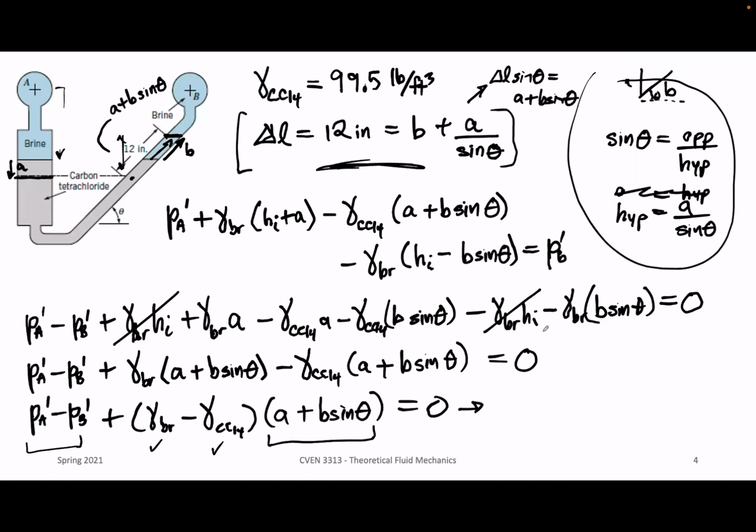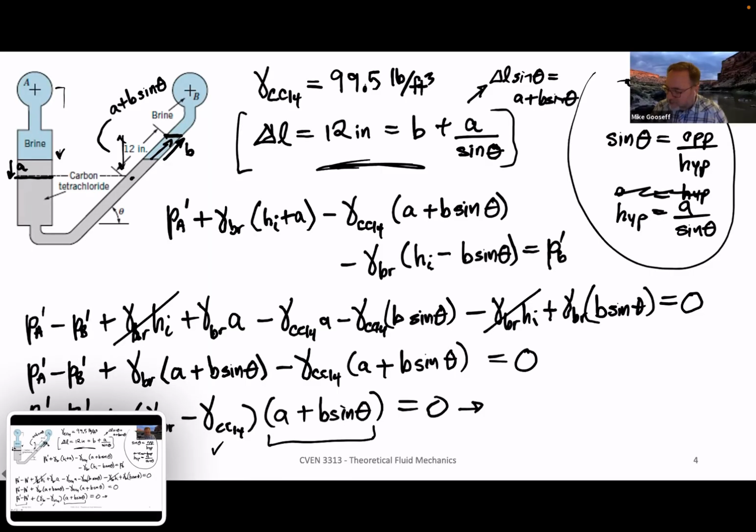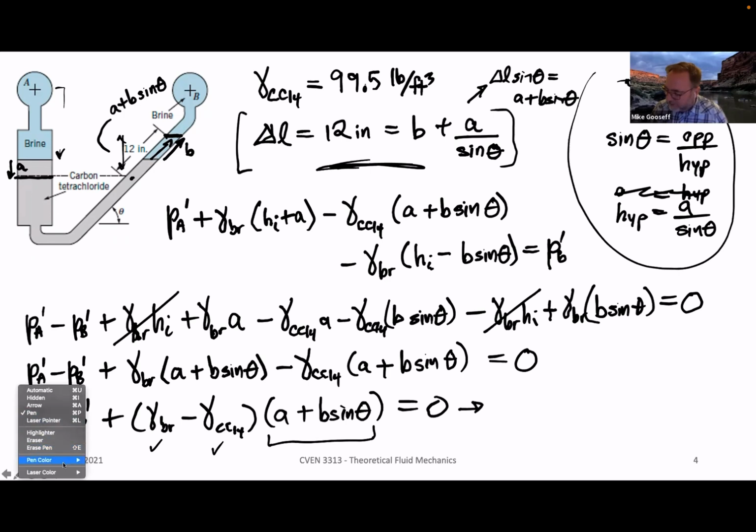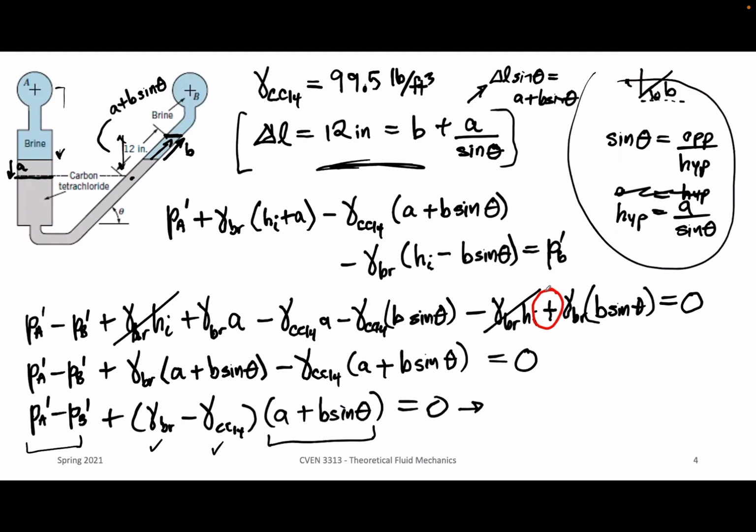I think it's supposed to be plus there because it was a negative gamma BR times a negative B sine theta. Thank you. So it's this guy right here. Yes, I think you fixed it in the second line, but thanks. I just wrote it the wrong way. So yeah, thank you for that. I did have it correct on my notes. I just didn't copy it correctly. This should be a plus. Okay. Everybody, hope you can see that. Or hope that was clear. Thanks, Grady. Appreciate it.